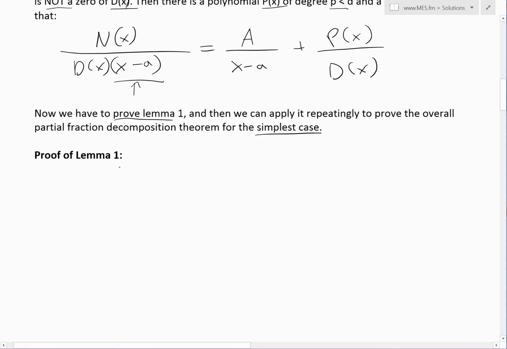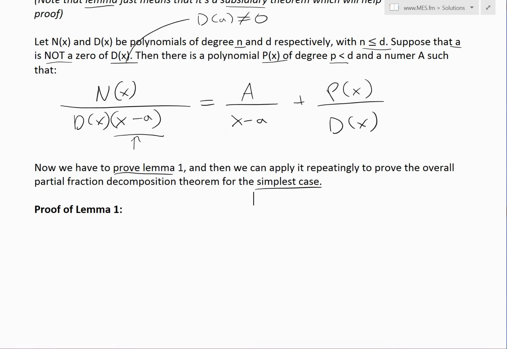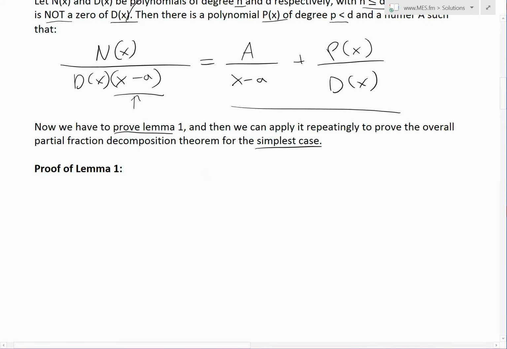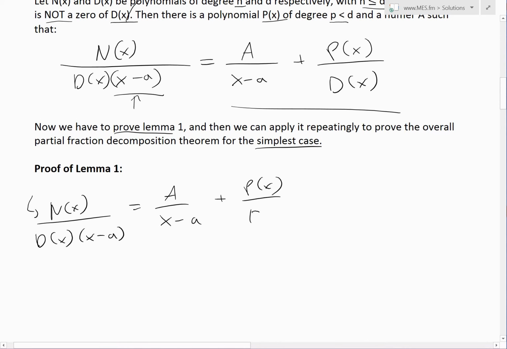So, proof of lemma 1. What we could do is take this right side and multiply it out by the common denominator. So we write n of x over d of x times x minus a equals a over x minus a plus p of x over d of x.